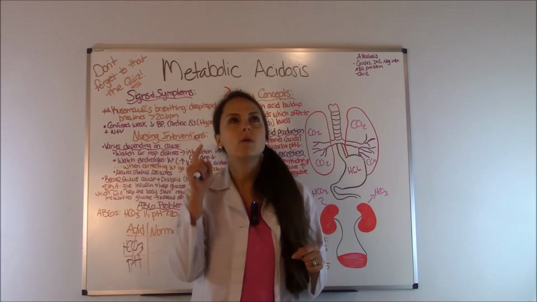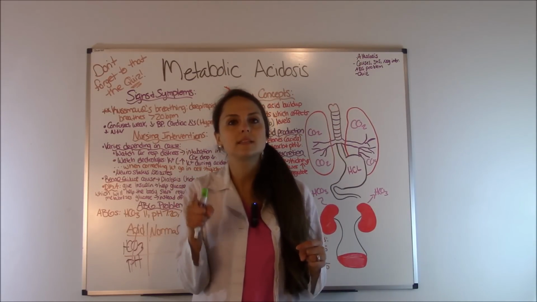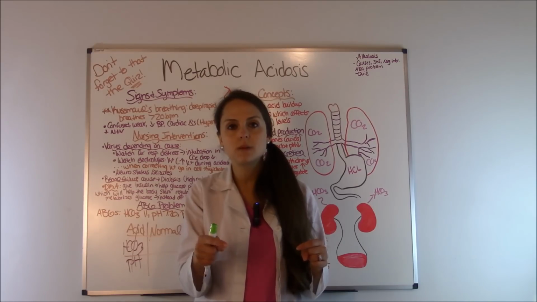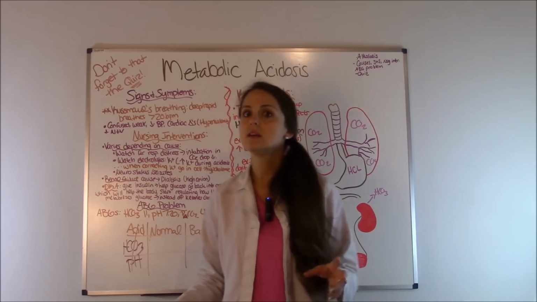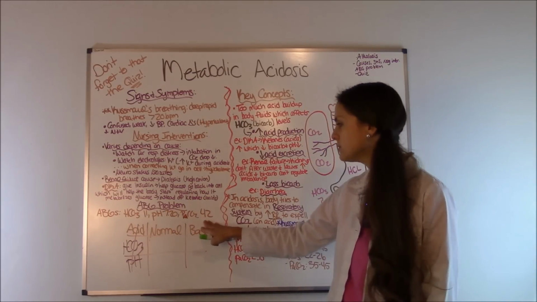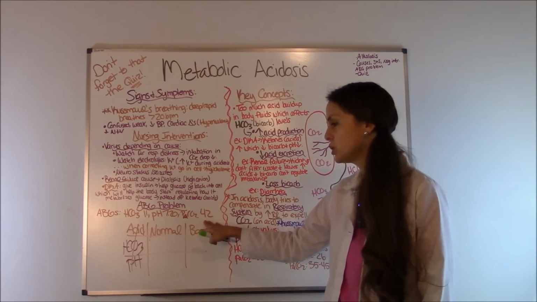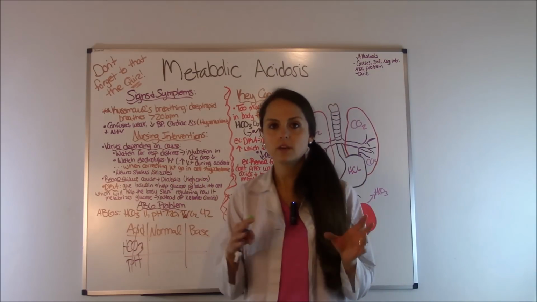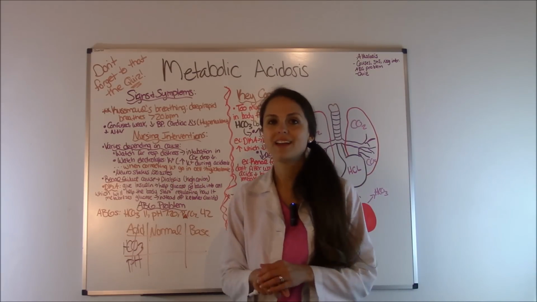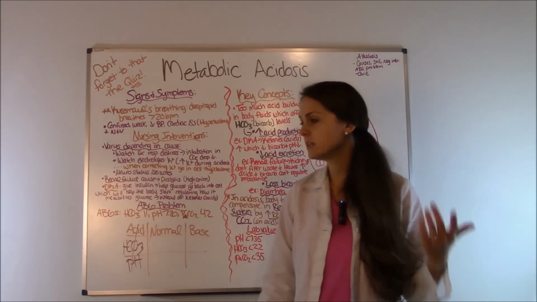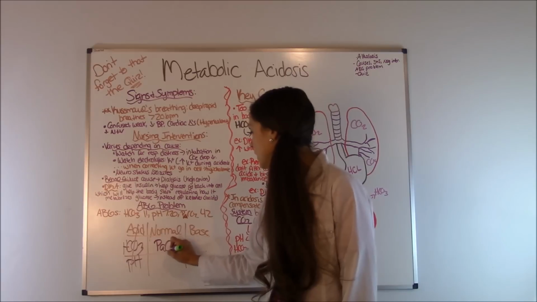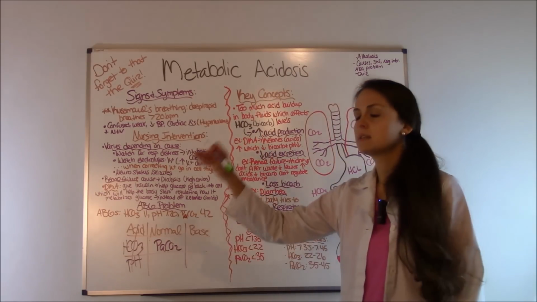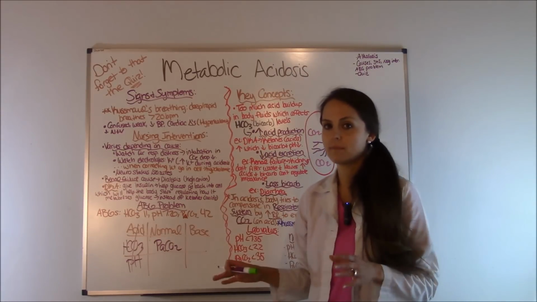So we're going to say to ourselves, well, if the body was compensating, the CO2 must be low because it's trying to blow it off. So what's our CO2? Our CO2 is 42. A normal CO2 level is 35 to 45. So it's normal. It's not really doing anything. So we're going to put it here. So we know the answer to this is metabolic acidosis, not compensated.